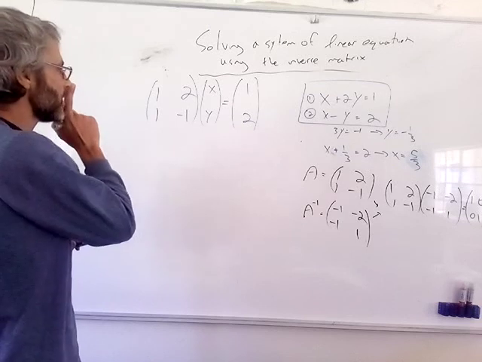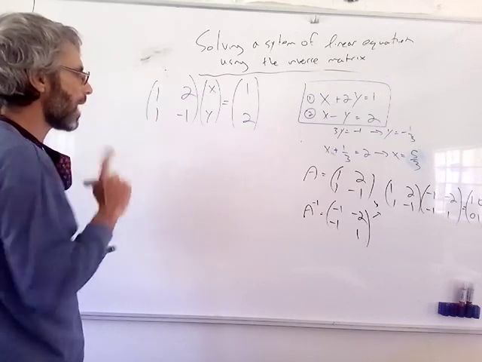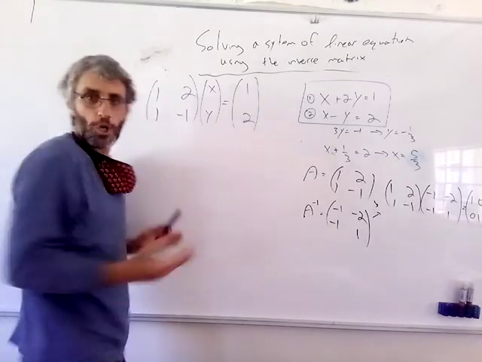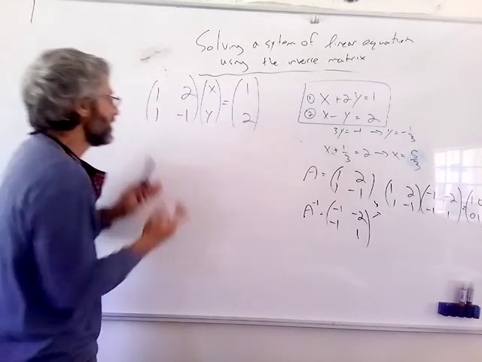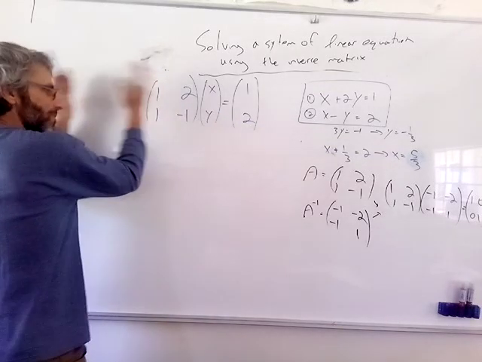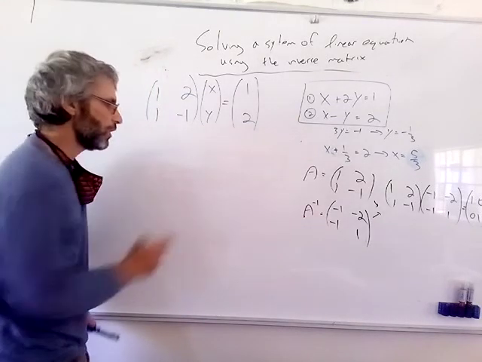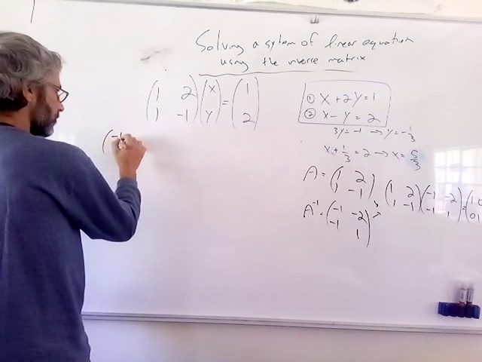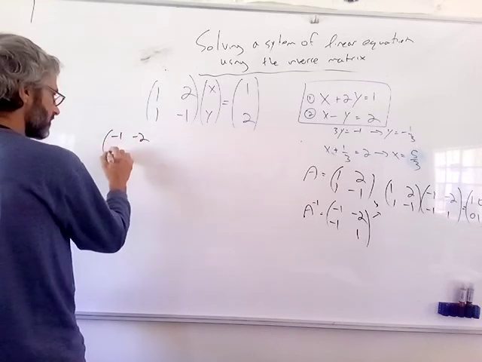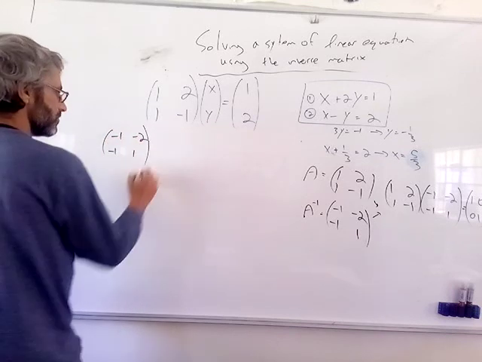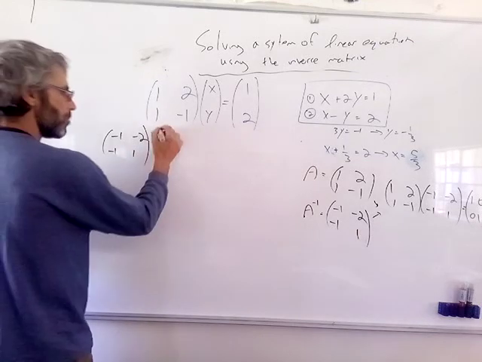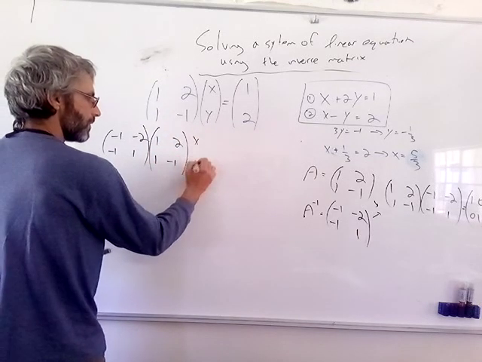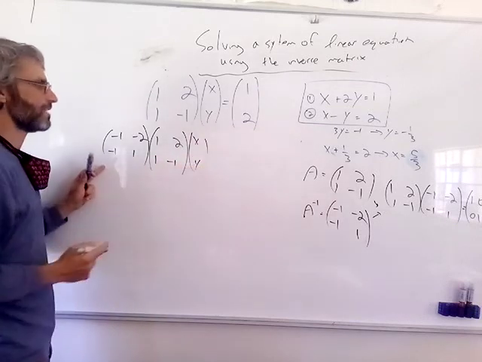Right, now, this is an equation, so the same rules of the equation work. Let's say I multiply from the left by the inverse. So I'm going to write down the same equation, but I'm going to multiply it from the left by the inverse matrix.